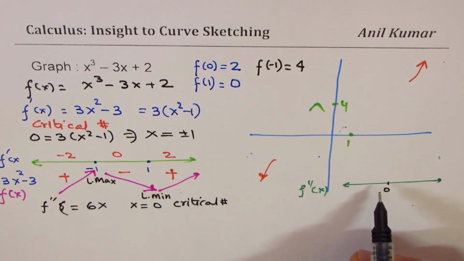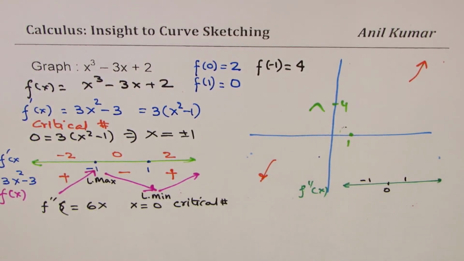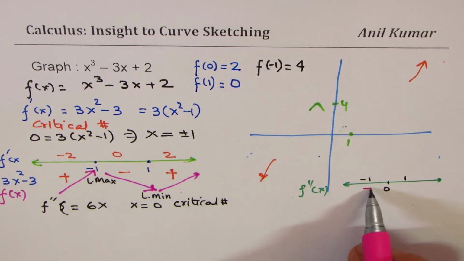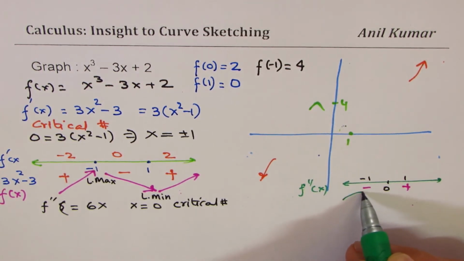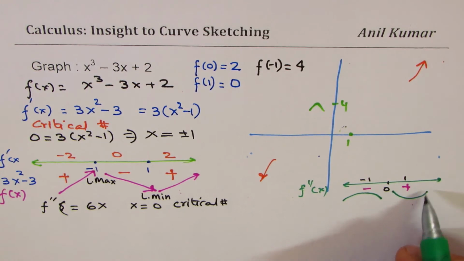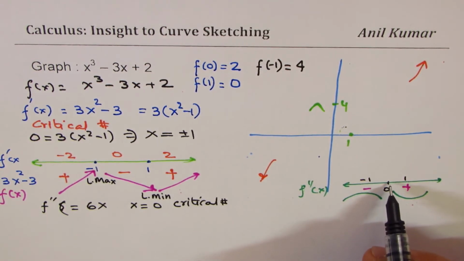If I take a value on the left side, minus 1, and the right side, plus 1, what I notice is that the second derivative is going to be negative on the left and positive on the right, which really means that the function is concave down on this side and concave up on the other, leading to a point of inflection at 0, right?